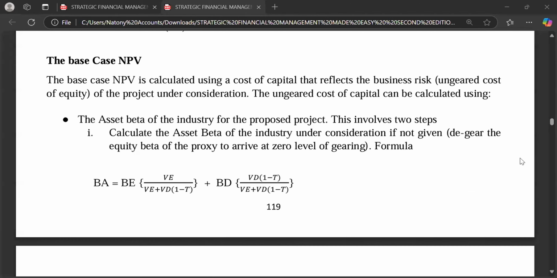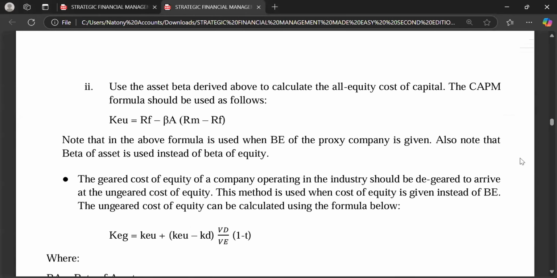So secondly, your examiner may give you the cost of equity. The examiner may decide to give you KEG, cost of equity of a geared company. So if you are given the cost of equity of a geared company, how do you arrive at the cost of equity there?